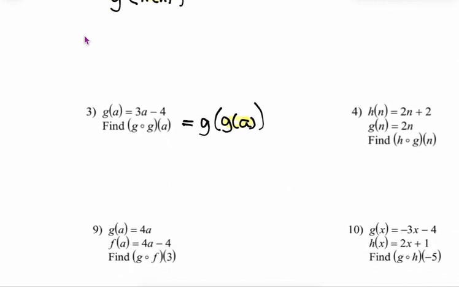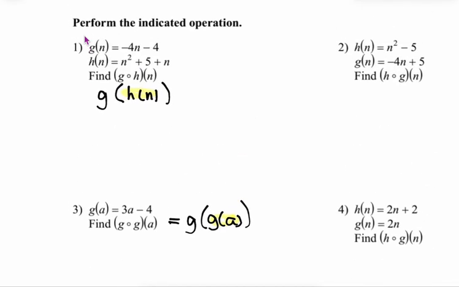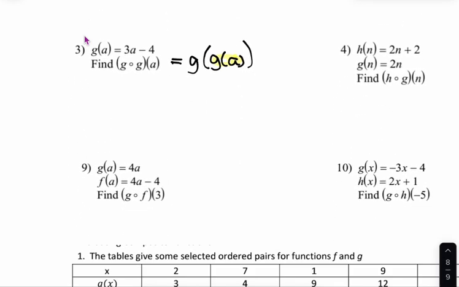So that when you put G into itself... No, once you input it, just simplify it as much as you can and stop. And then 9, that is G of F of 3, okay?